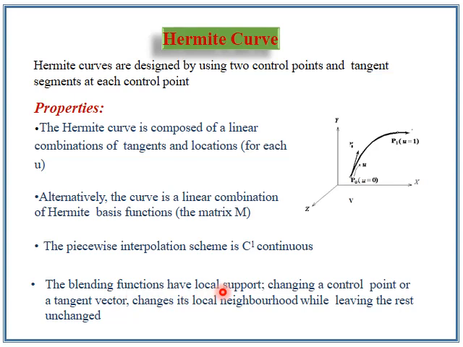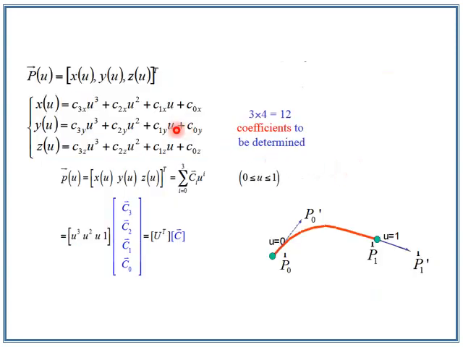And the blending functions have local support. Changing a control point or tangent vector changes its local neighborhood while leaving the rest unchanged. So if this control point or this tangent is changed, then the other end point or tangent at this end remains unchanged, which means only local deformation takes place.